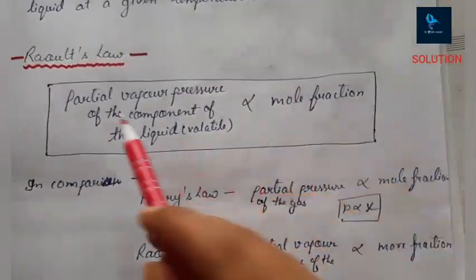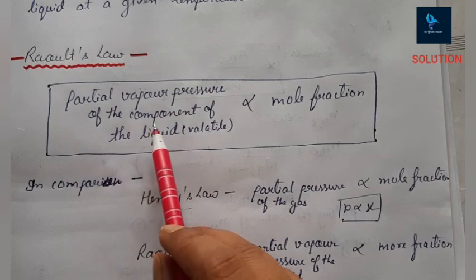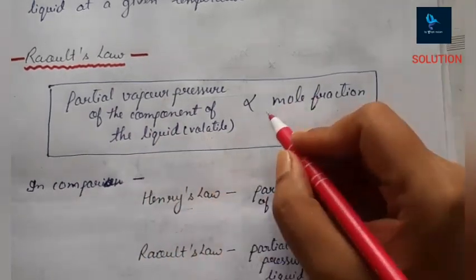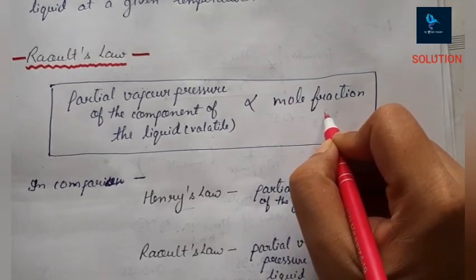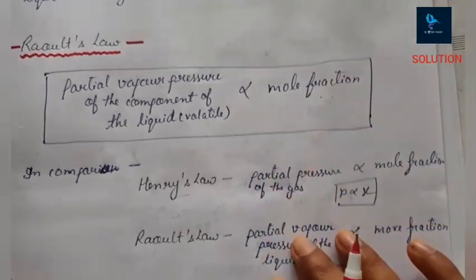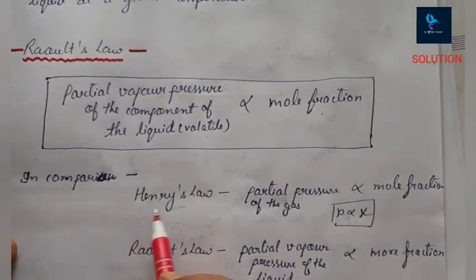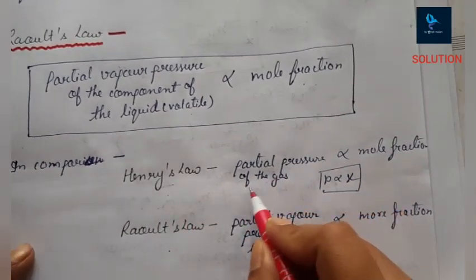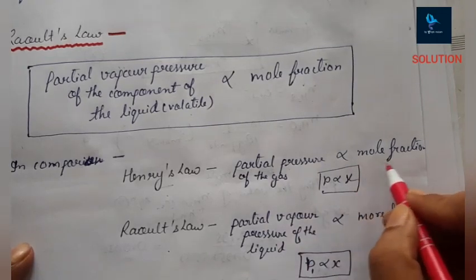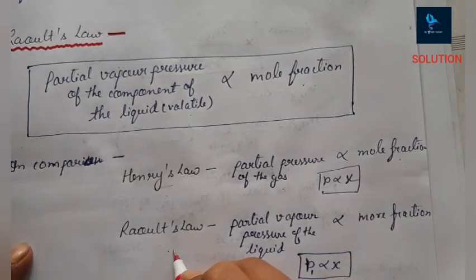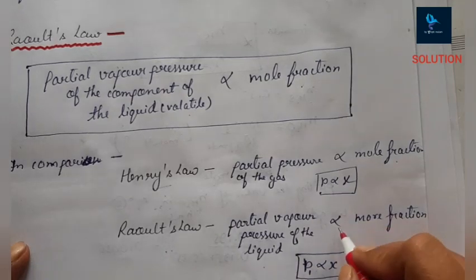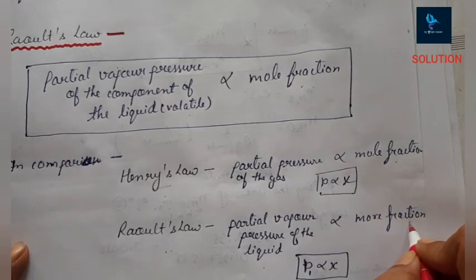According to Raoult's law, the partial vapor pressure of a volatile liquid component is directly proportional to its mole fraction. In Henry's law, the partial pressure of the gas is directly proportional to mole fraction, but in Raoult's law, it is the partial vapor pressure of the liquid.